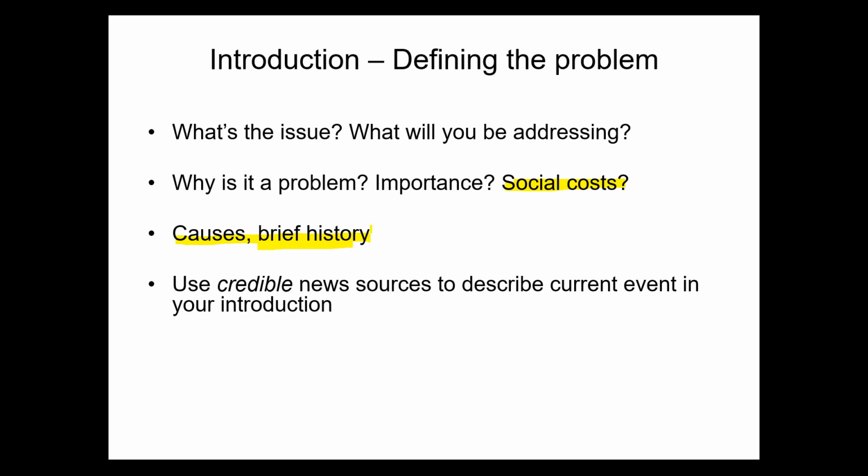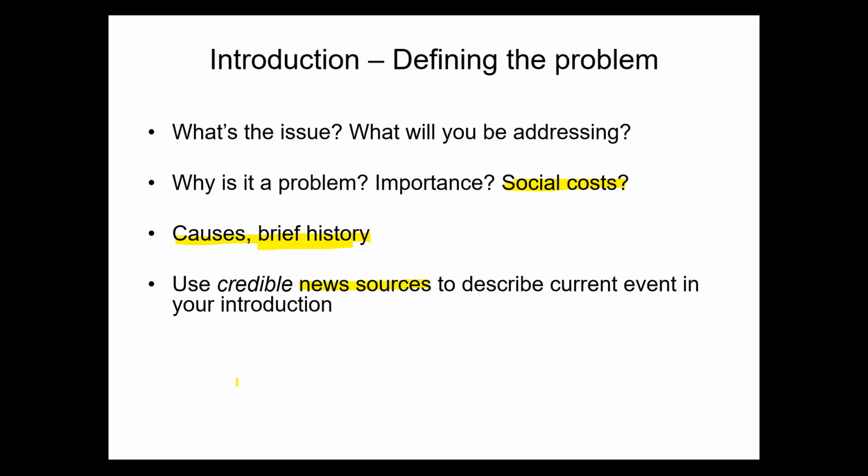Now, your credible news sources can also help you describe what is going on now, or even some valuable news reports from the past that can bring the reader up to speed as far as what's going on. But again, your news sources, which need to be credible, legitimate news sources, can also help you describe what's going on, and not just in the introduction, but throughout your paper as well.